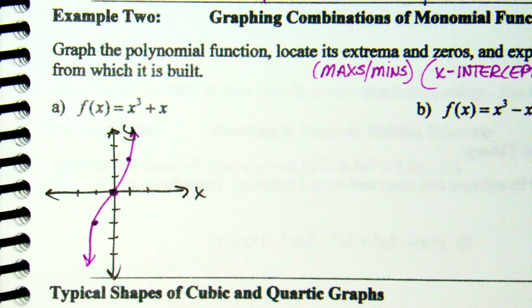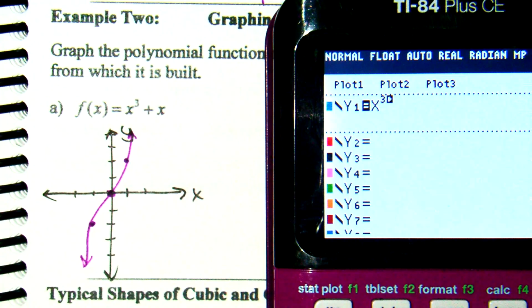Now, I know my calculator is not showing up well on the virtual screen. If I graph x cubed plus x, I'm going to do a zoom 6, and it just does not show up well, and I can't get the right combo. I don't think you guys can see it.